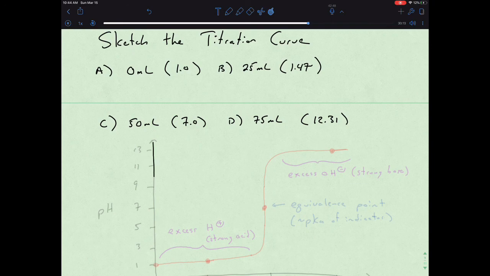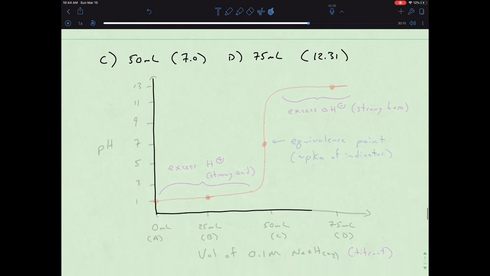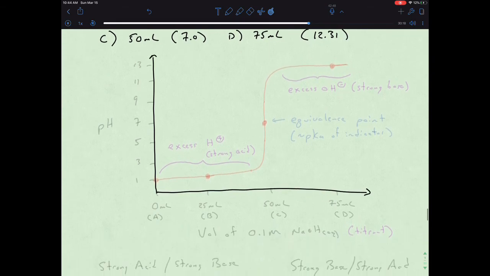So if we draw a titration curve, it's very qualitative here. Here are our volumes of titrant, right? Remember, this would have been 0. So that's part A, B, C, and D. So this is volume of 0.1 molar sodium hydroxide.